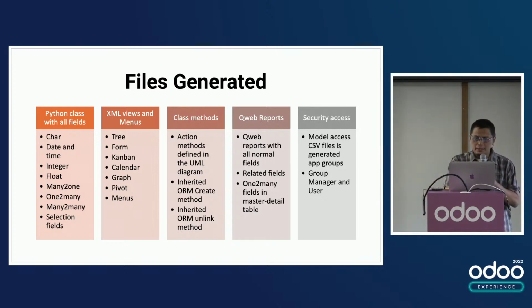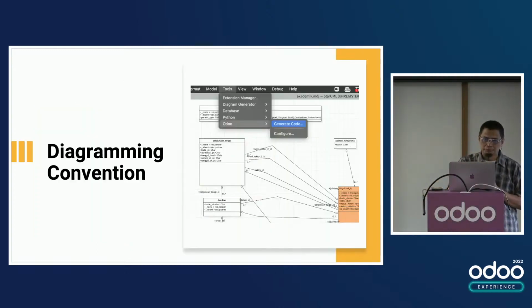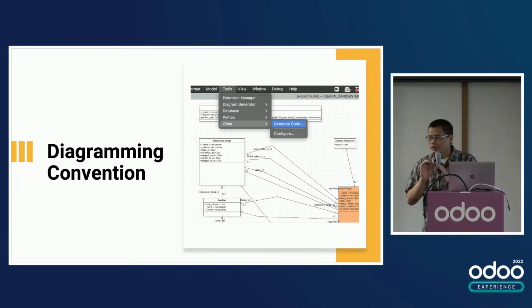Okay, and then the CSV access file, all is assembled and composed into a single folder, and then we can plug it into our Odoo installation and install it, and it will run. So no manual coding anymore by using these tools, right?